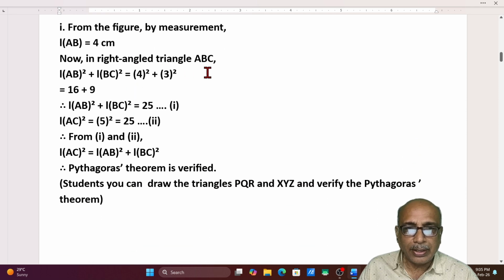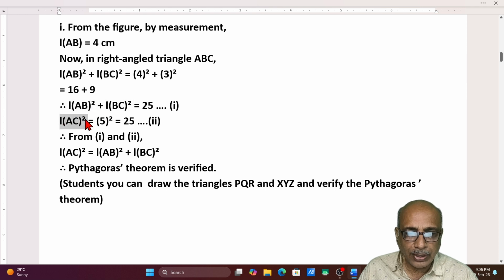Now in right angle triangle ABC, length AB square plus length BC square equals 4 square plus 3 square equals 16 plus 9 equals 25. And length AC square equals 5 square, that is 25. So sum of squares of other two sides equals hypotenuse side square.